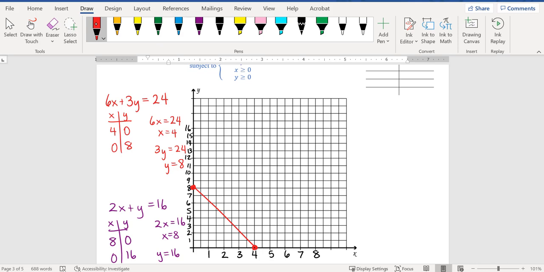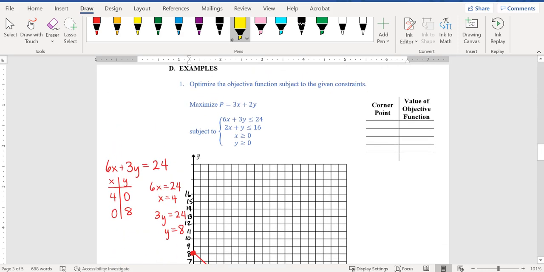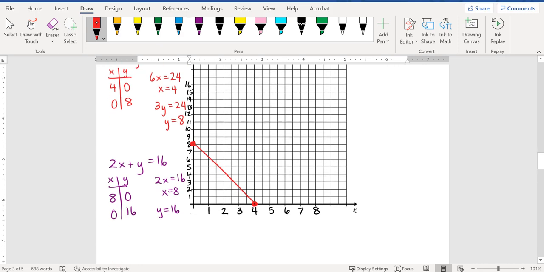Now, which side do I want to shade? Do I want to shade down here, or do I want to shade up here? How do you know? I'm going to pick a test point, 0, 0, and plug it into my inequality. 0 less than or equal to 24, that is a true statement. I want to shade the half plane that contains 0, 0. So I want to shade here.